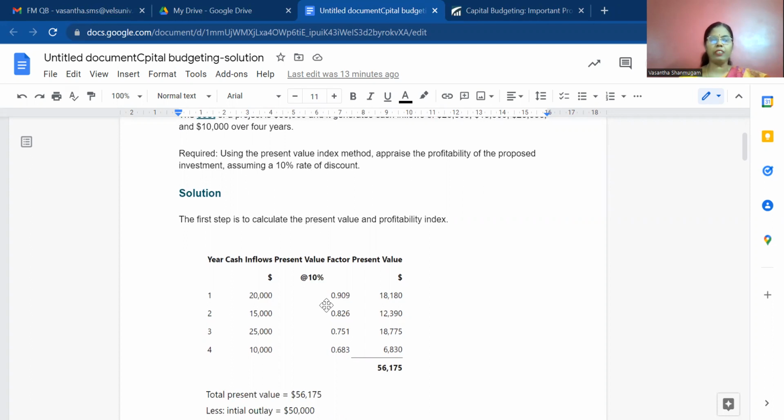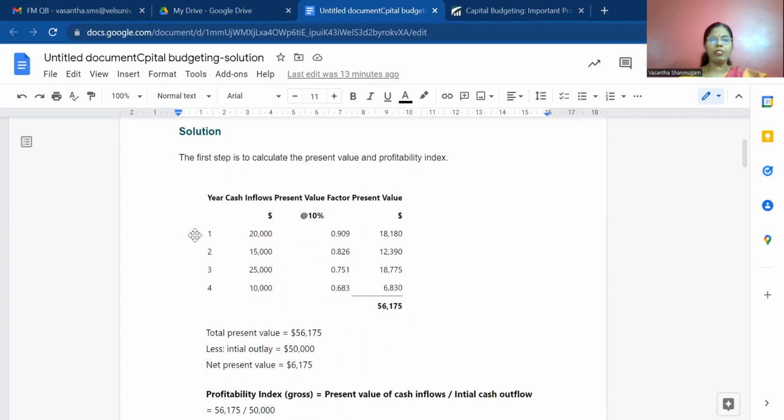It is identified that in the first year, 1 rupee becomes 0.909. Second year, the value of 1 rupee becomes 0.826. Third year, it becomes 0.751. Then fourth year, 0.683. It means that at 10% cost of capital, the value of 1 rupee is discounted like this.